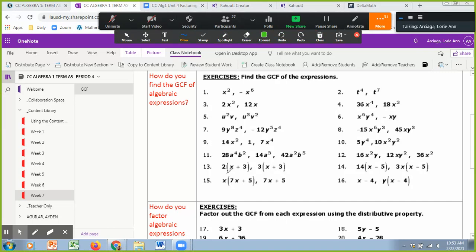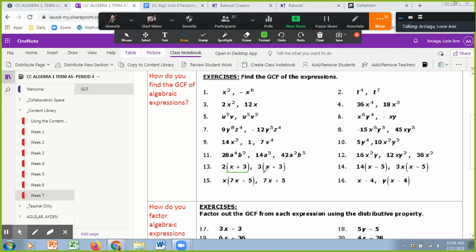So let's look at the numbers 2 and 3. Is there anything that can divide 2 and 3? No, right? So it's just going to be 1, so it doesn't matter. You can write 1 if you want to. Okay, now let's look at these ones.